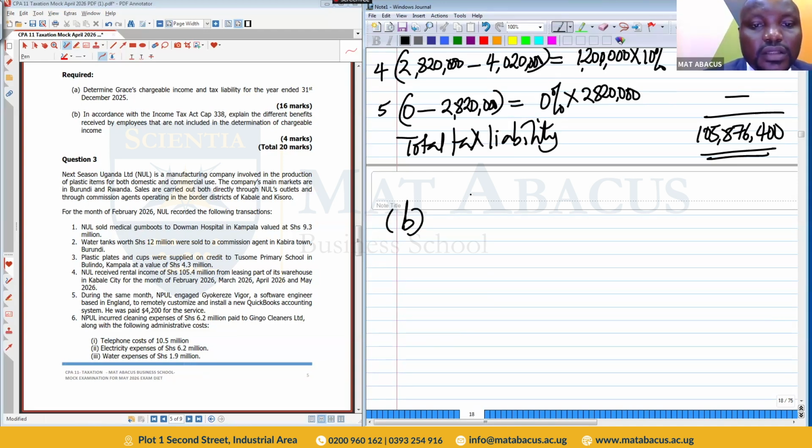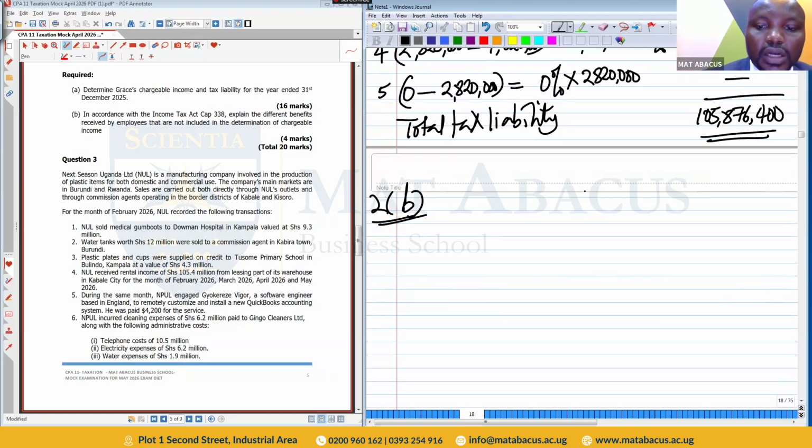Now, part B of the question is asking, in accordance with the Income Tax Act, Cap 338, explain the different benefits received by employees that are not included in the computation of chargeable income. So these benefits that are not included is what we have actually not been including. One, we have pension. Pension is tax exempt.